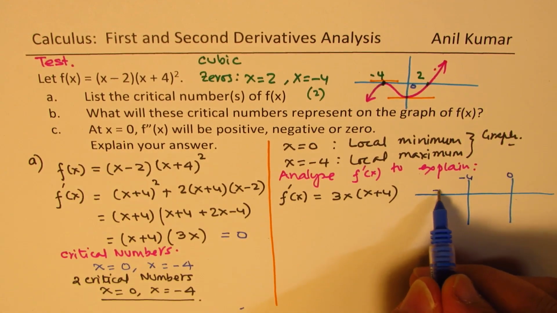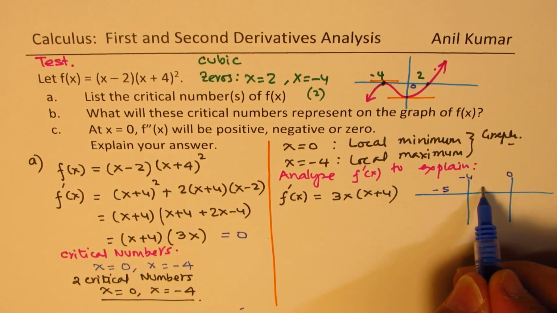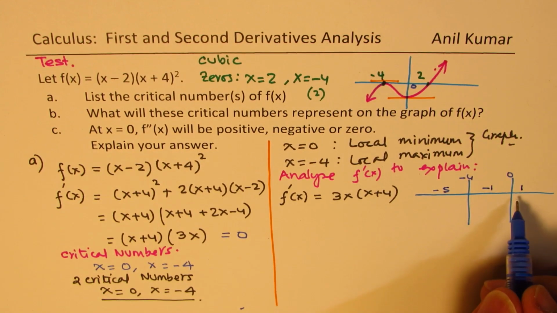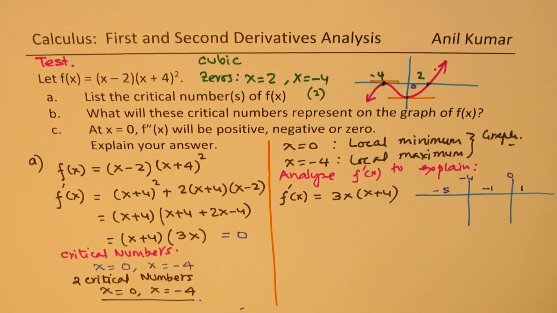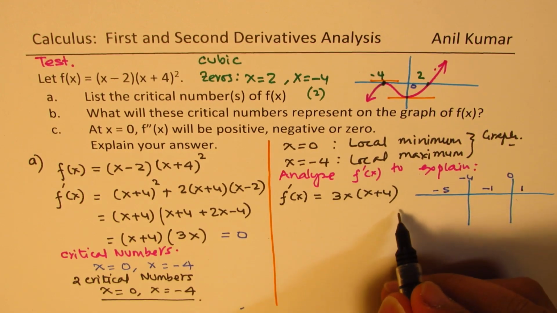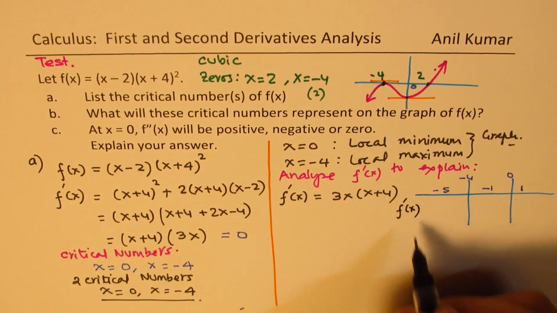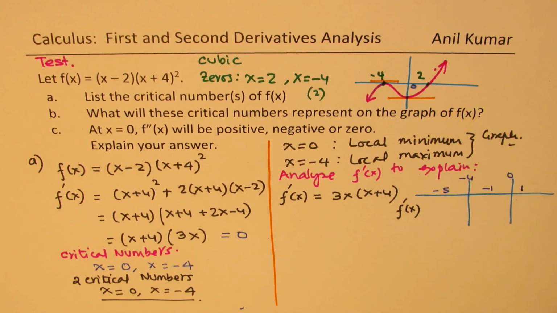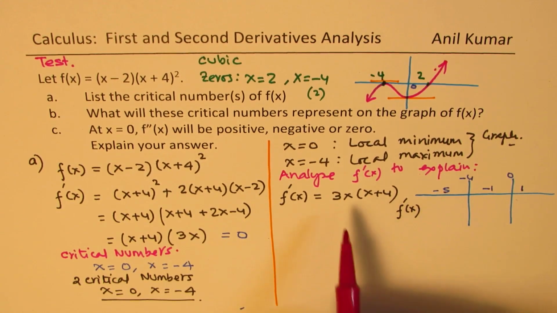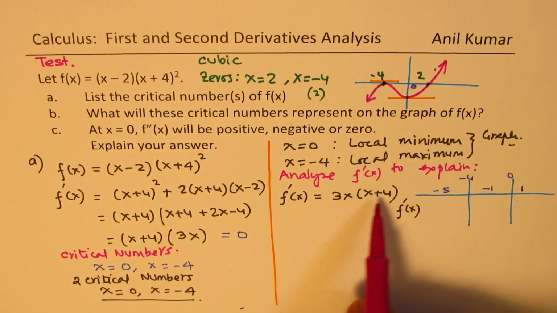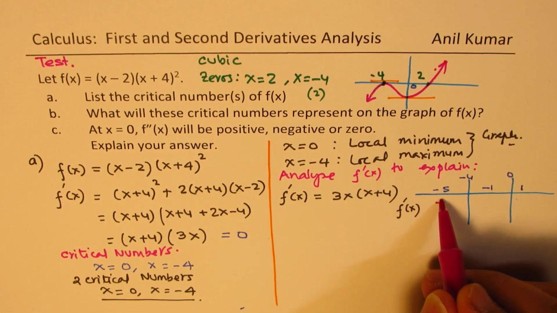We can take test points, let's say minus 5, minus 1, and plus 1. In these test points, the value of f dash x, if we analyze, at minus 5, 3x is negative and x plus 4 is negative, both are negative, so we get positive.